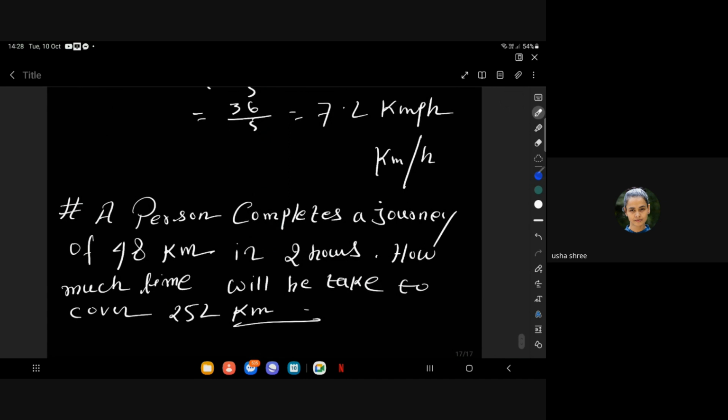The question is very clear. A person completes a journey of 48 kilometers in 2 hours. In 2 hours, he can travel 48 kilometers. So, to travel a distance of 252 kilometers, what is the time required?